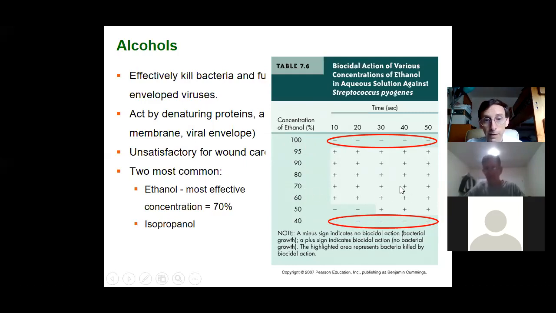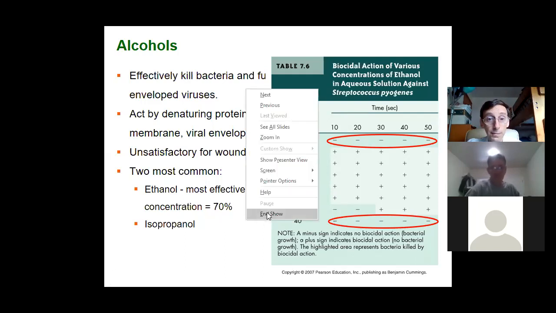But around 70% is also good, like 60% and 80%. And it's somewhat surprising that the higher up you go, although this graph isn't showing it, 95% ethanol is not as effective as 70%, and 100% is the least effective. Okay? Any question about that?